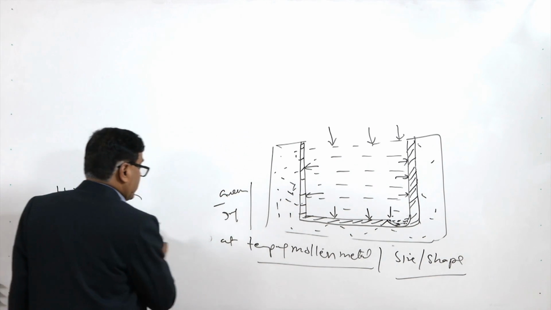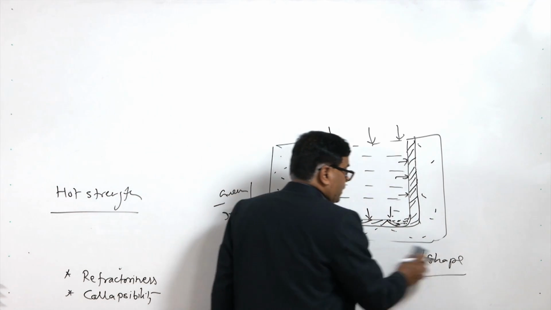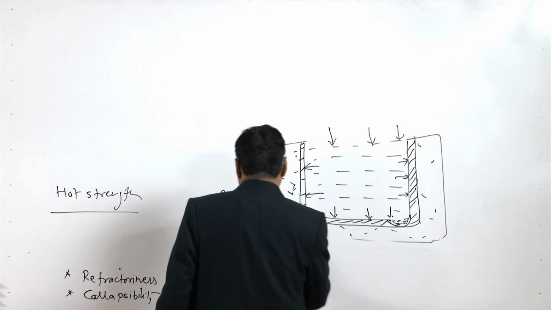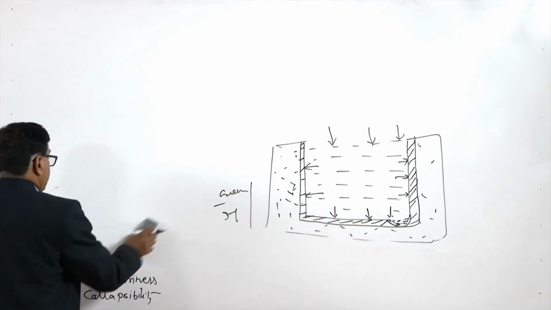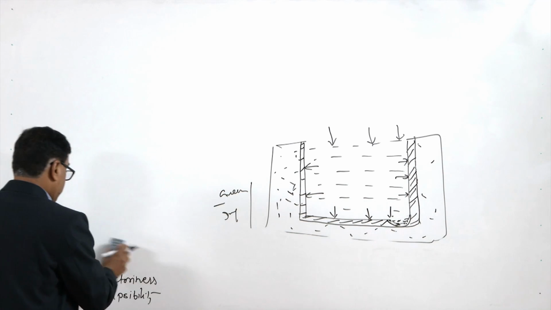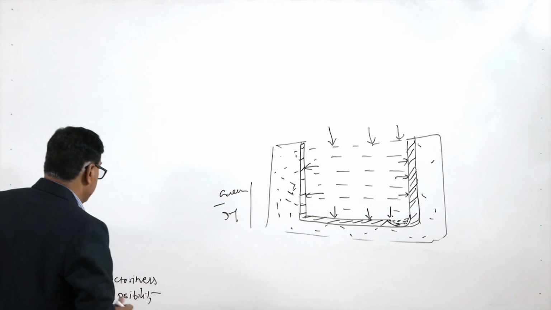So, hot strength is important, and sometimes special ingredients are added for increasing the hot strength of the mold.